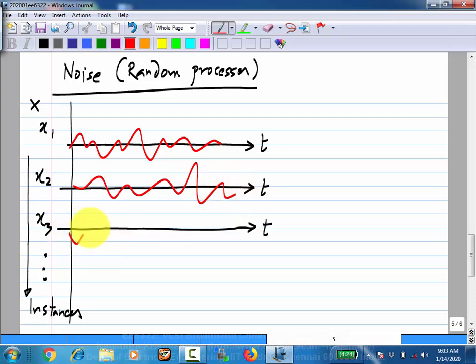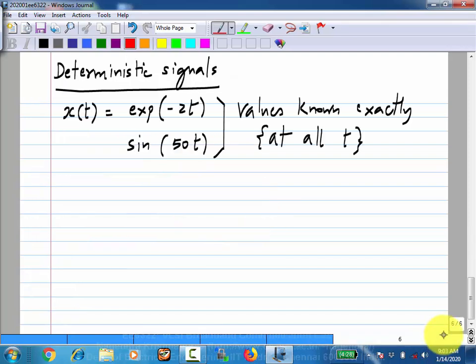It will be in general something different, and the third one will be yet another, will have yet another different value and so on. Okay. So now what can we say about this? We clearly cannot say X is some known function of time like this, right? Because every time it's going to be something different, every instance is different.